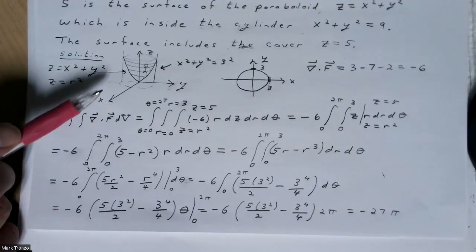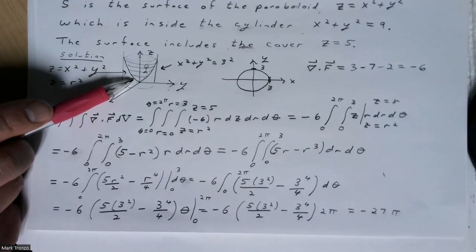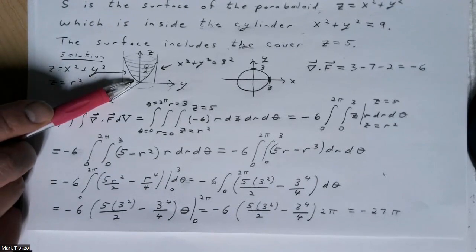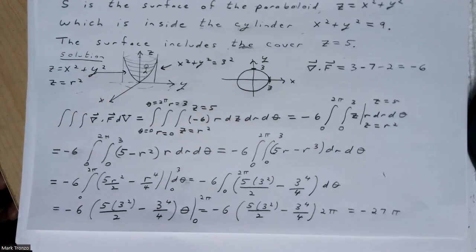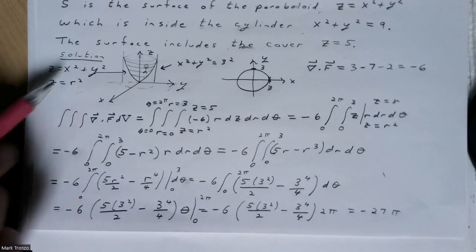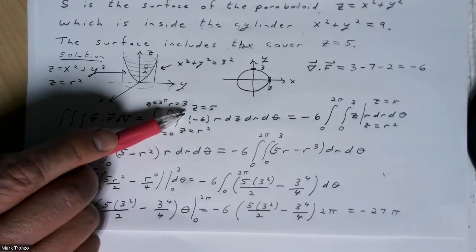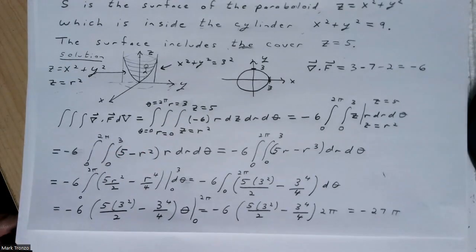So our bounds are going to be from this up to z equal 5. Starting at x squared plus y squared, which in polar cylindrical is r squared, our lower bound is r squared and our upper bound is 5.